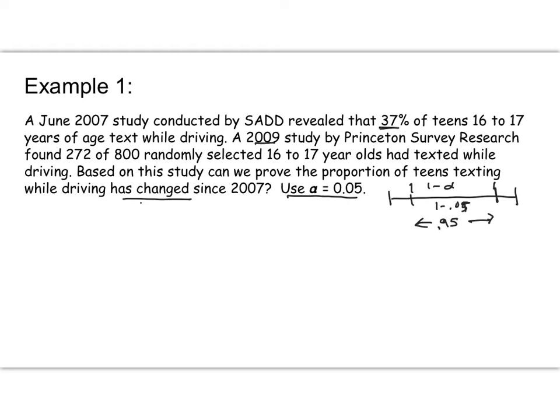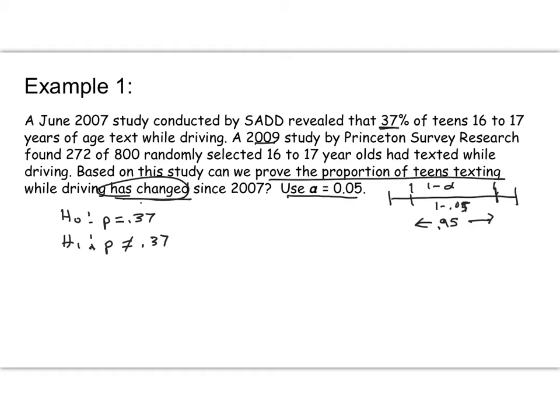All right, so let's set up our null hypothesis and our alternative hypothesis so we can figure that out. Our null hypothesis is that p is equal to 0.37. Now, we want to see if we can prove the proportion of teens texting while driving has changed, so the alternative is that p is not equal to 0.37.